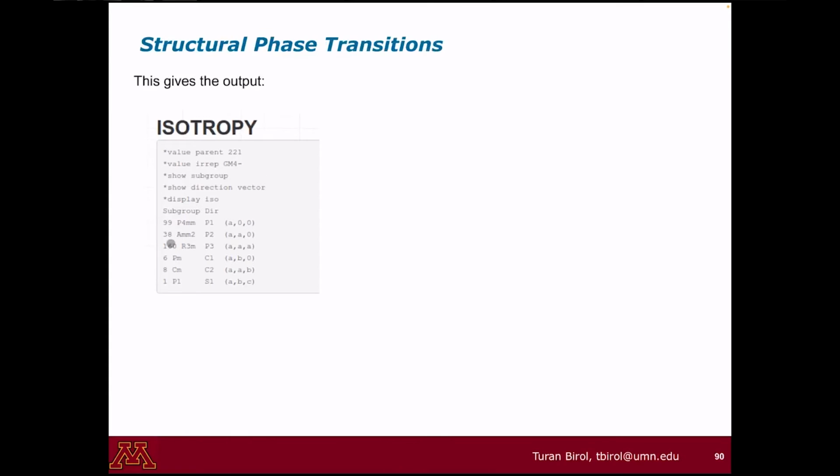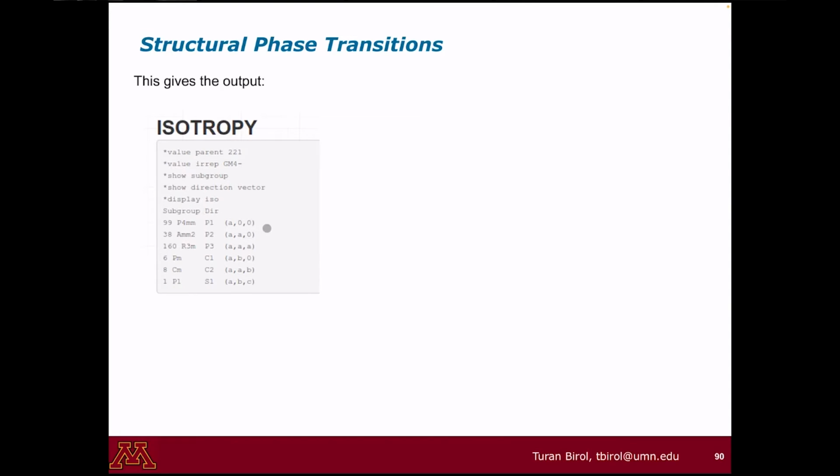You end up with this list. This is a list of 6 different space groups. So number 99 is P4mm, number 38 is Amm2, etc. Those can be the low symmetry space groups of barium titanate. So if your polarization, your atomic displacements, are along the (a,0,0) direction, so along the x-axis, you end up with space group P4mm.